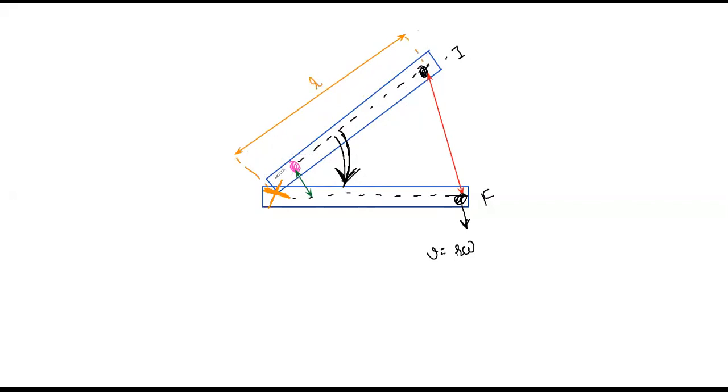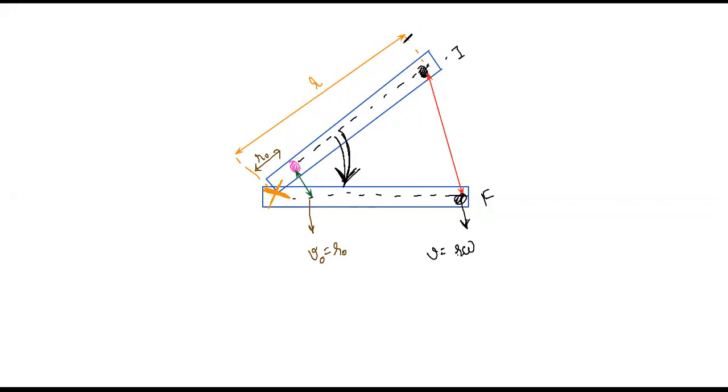Similarly, what about the pink point? It has smaller distance or larger distance? Smaller distance. Let's say R naught. So how much should its linear velocity be? Same or different? Different. Let's say V naught is equal to R naught into omega. What about omega? Should it be same or different?